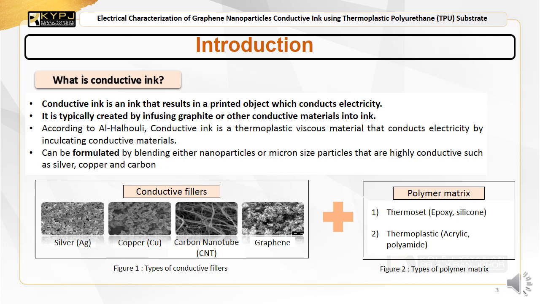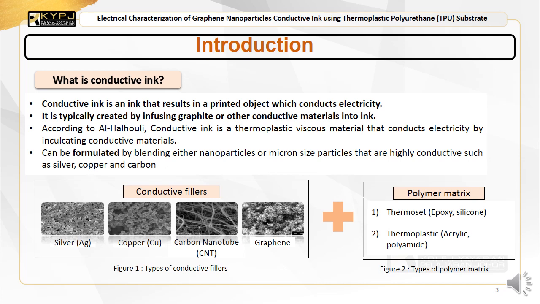It can be formulated by blending either nanoparticles or micron-sized particles that are highly conductive, such as silver, copper, and carbon, as shown in Figure 1.